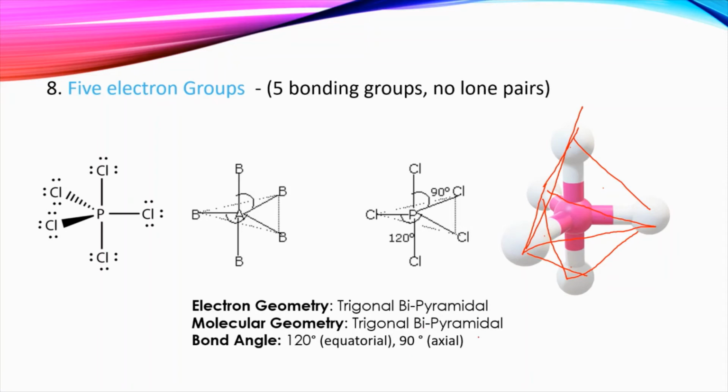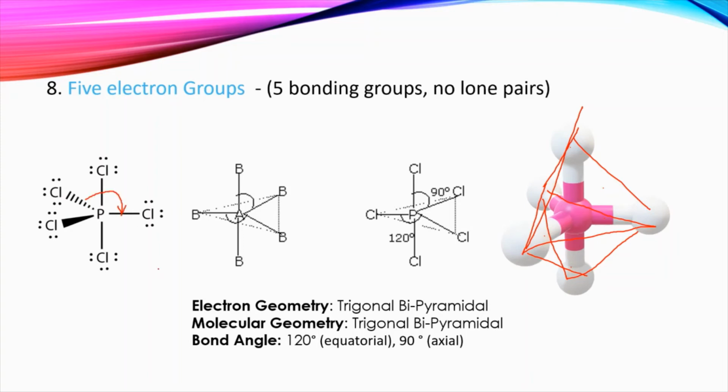Electron geometry and molecular geometry are the same because all of them are bonding and none of them are lone pairs. But this one has 2 bond angles. So we have equatorial bond angles. So just like the equator on our planet, if you cut this molecule in half on the equator of this molecule, because it's a triangle and the interior angles of a triangle are 120 degrees, around this phosphorus in this example, PCl5, the Cl-P-Cl bond on the inside is going to be 120 degrees, okay?